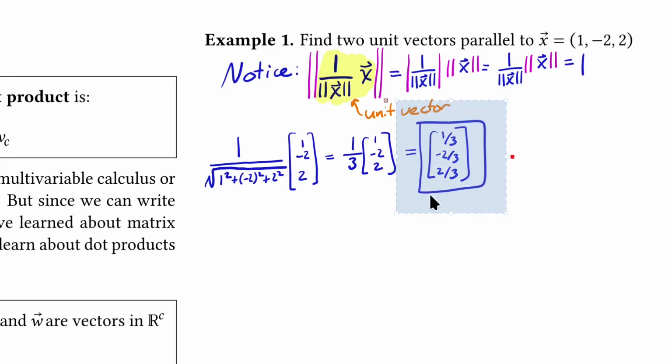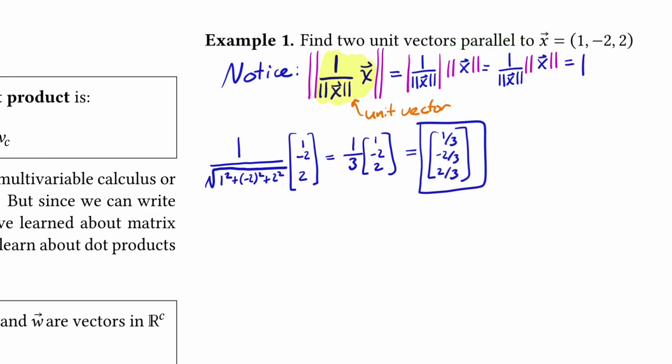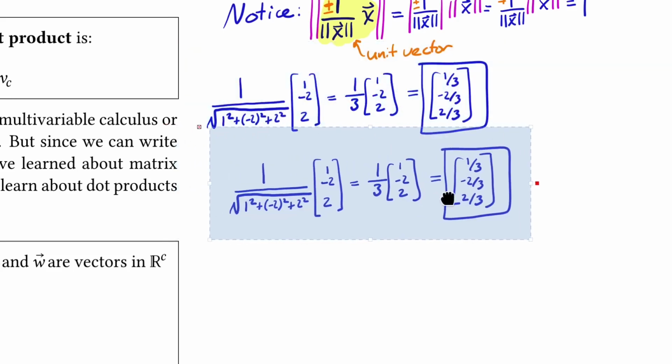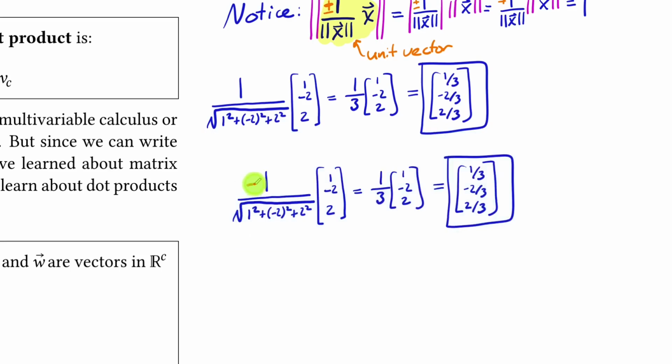But how do we get another one? Well, we could just get a vector in the opposite direction. That will still be parallel. Whether this was positive or negative doesn't matter because the absolute value is still going to make it positive. So the second one is going to be the same as this, just with a negative here.